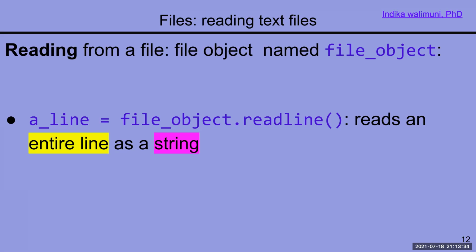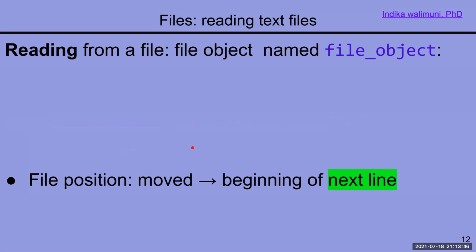Basically, when we create a text file, we hit the enter key to create a new line. So it reads an entire line as a string, and the file position now moves to the beginning of the next line.